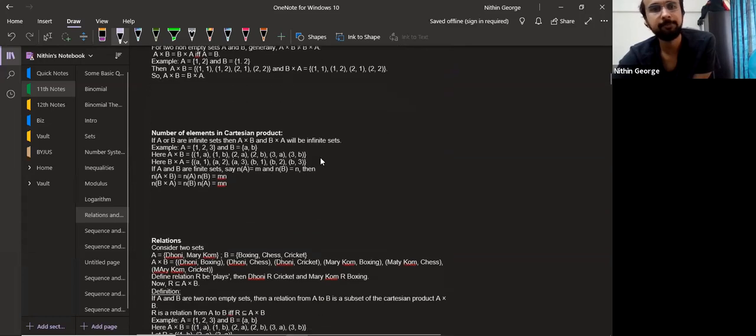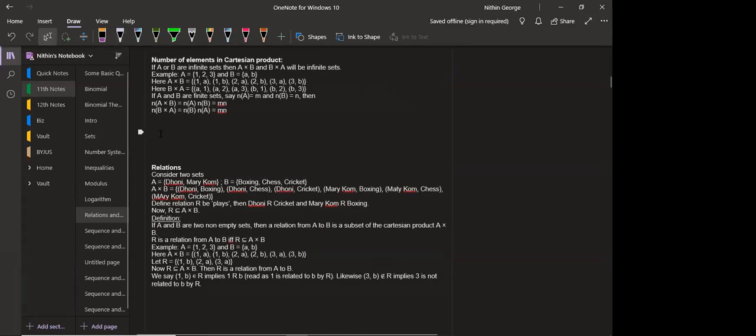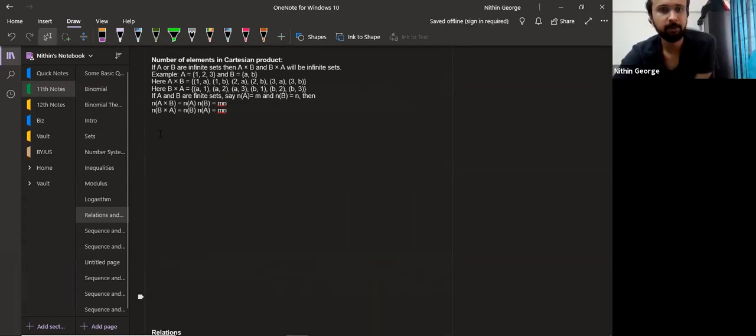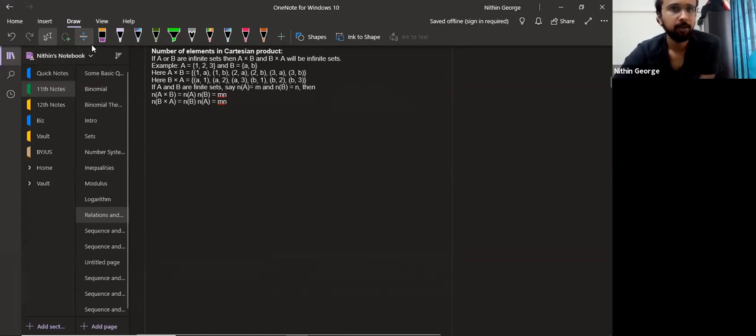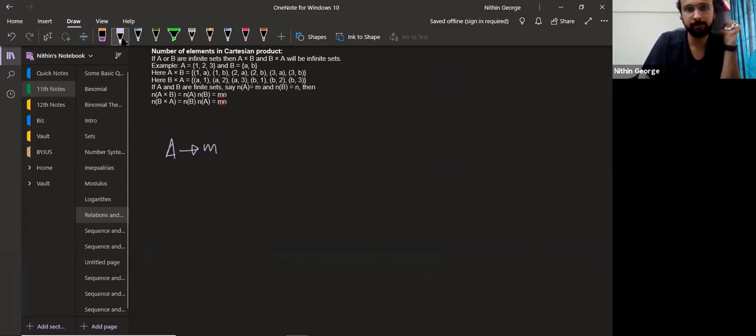Now, what is the relation? Guys, what's the relation? Any subset of Cartesian product. Exactly. Take a Cartesian product, its subset will be a relation. So how many relations can you draw? Suppose A has p elements, B has q elements.